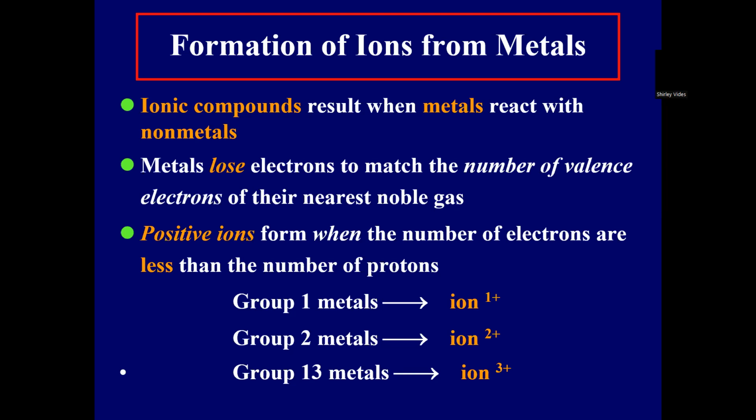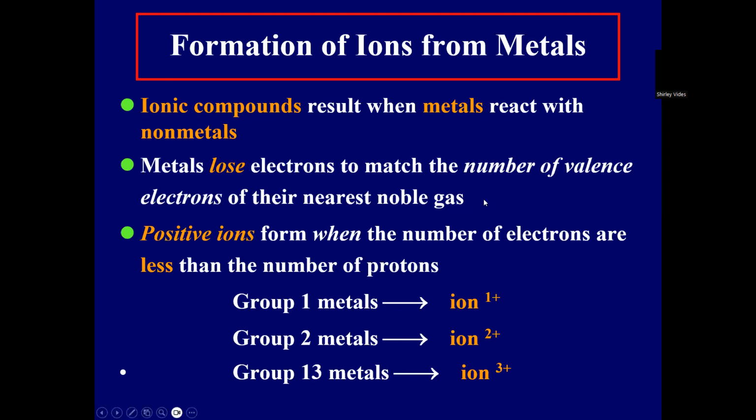All right, the formation of ions from metals. How do we form ions? Again, it all happens by the group number. So if you are a metal, you are going to always lose electrons. And remember, metals are to the left of the little stair step on the periodic table.